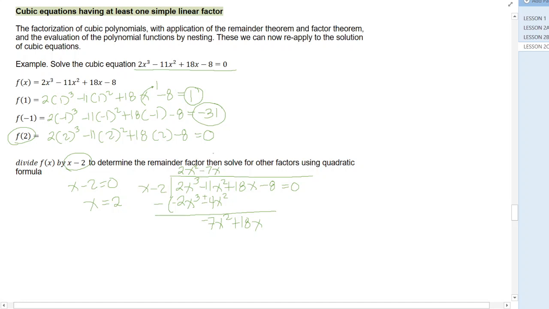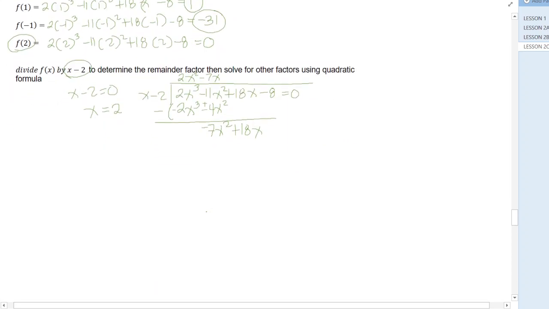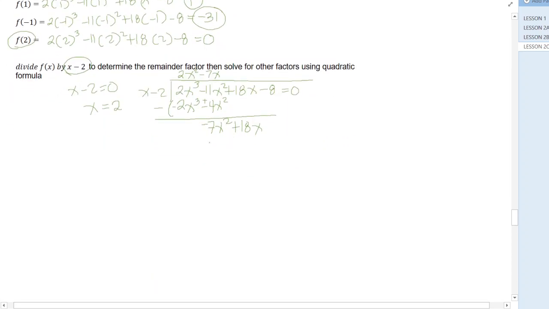Negative 7x multiplied by x is negative 7x squared, and negative 7x multiplied by negative 2 is positive 14x. Okay, so subtracting, this one will become positive, this one will become negative. It will be cancelled. Okay, so 18 minus 14, that is positive 4x. And then bringing down your negative 8.